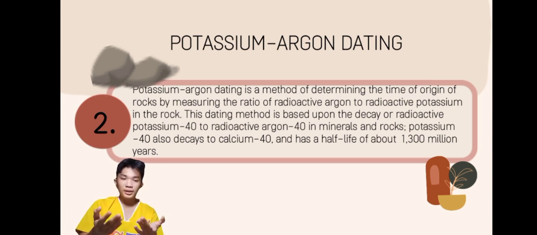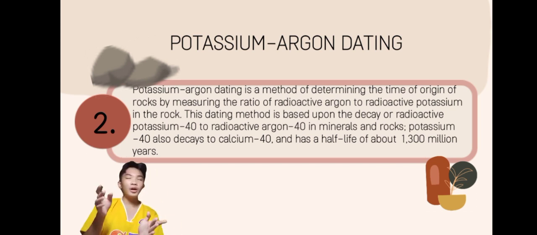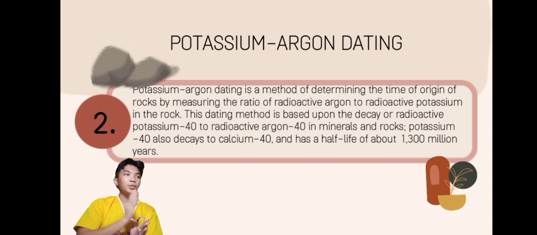So basically, what the scientists are doing is they are measuring the ratio of argon and potassium in the rock. If there is more potassium than argon, that means that the rock is younger, while the more argon there is than potassium, that means the rock is older.